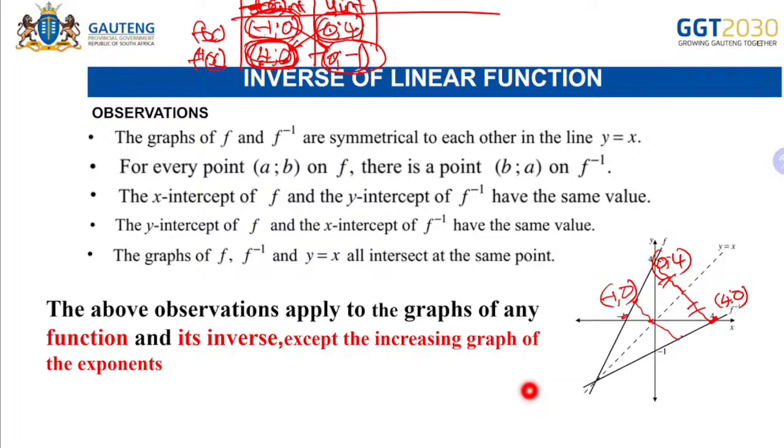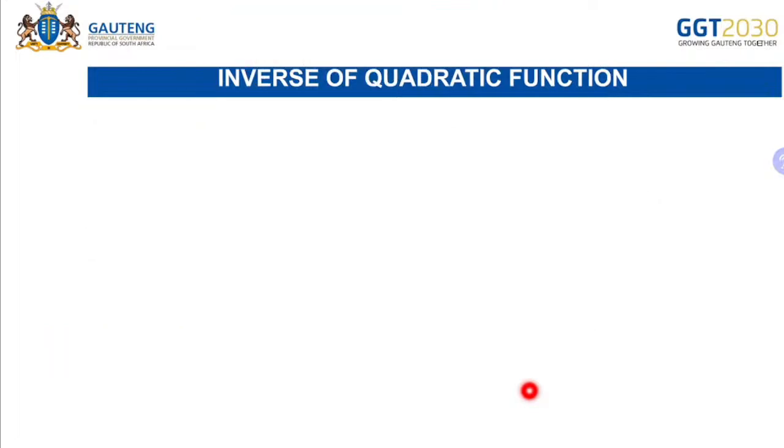They swap positions. This is going to be the norm for our functions except for the increasing exponential function that we are going to discuss next week. Let's move on now. Let's look at the inverse of a quadratic function.